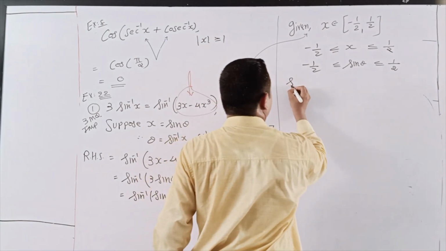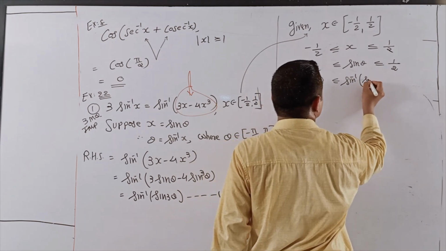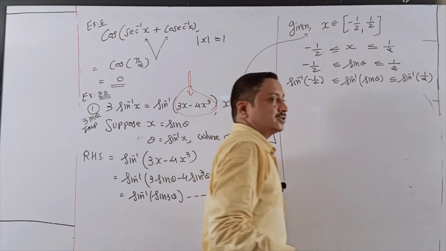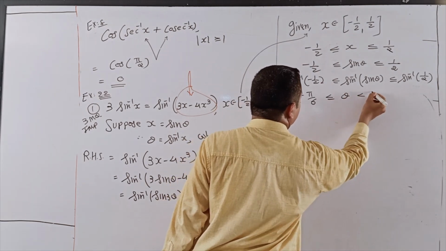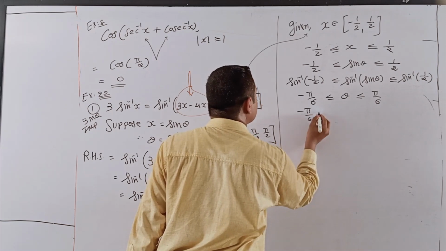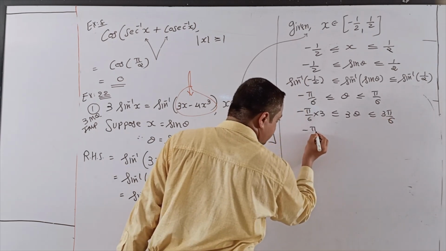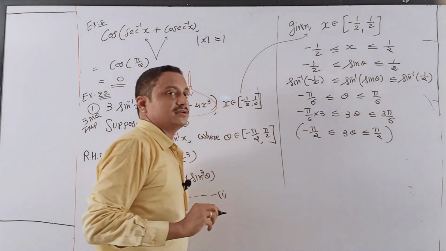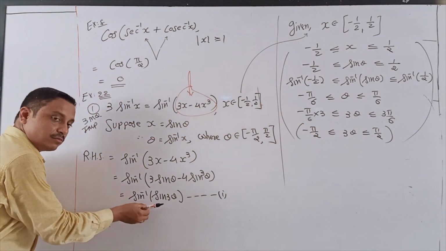So one time write sin inverse, again write sin inverse, and here also write sin inverse. Sin is half at 30 degree, minus pi by 6 to pi by 6. Multiplying by 3, here 3 multiplying, similarly here 3 multiplying to each term, we are getting minus pi by 2 to plus pi by 2. Check this. After showing this full condition, you go to the equation.